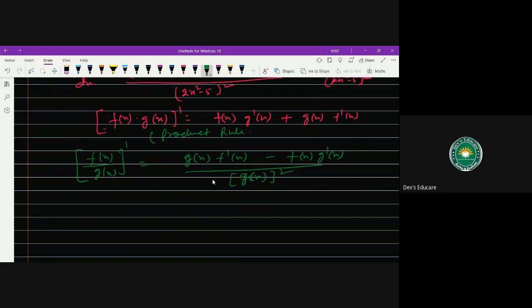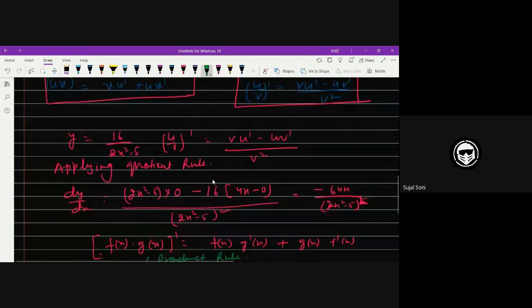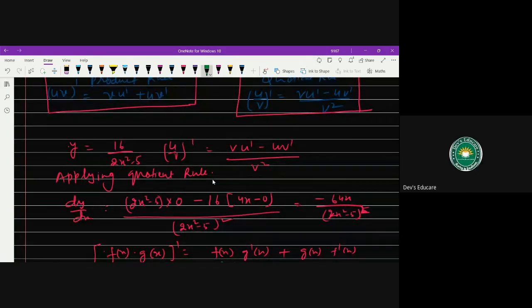You tell me which part I should make you understand. Sir, in the formula itself, how is 2x squared multiplied by 0? Why is it multiplied by 0? The derivative of a constant is always 0.